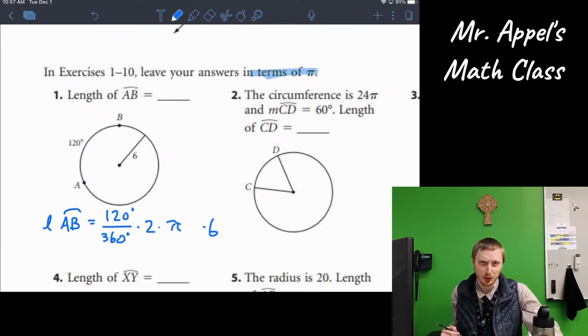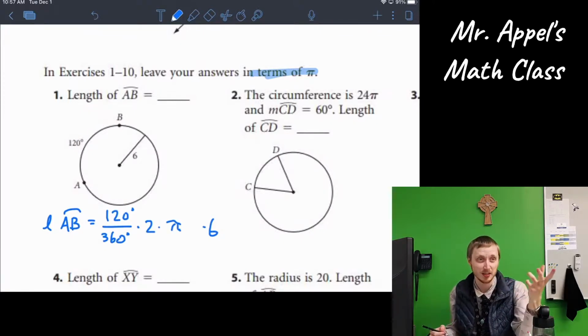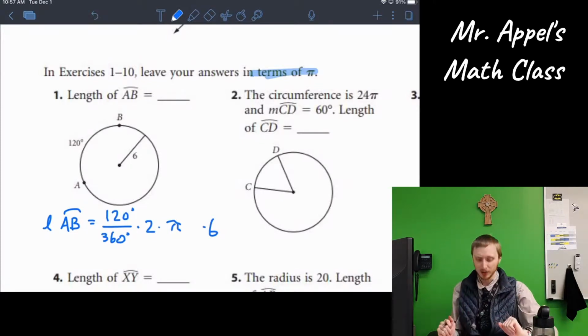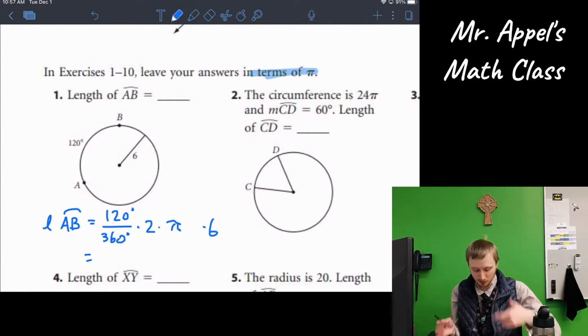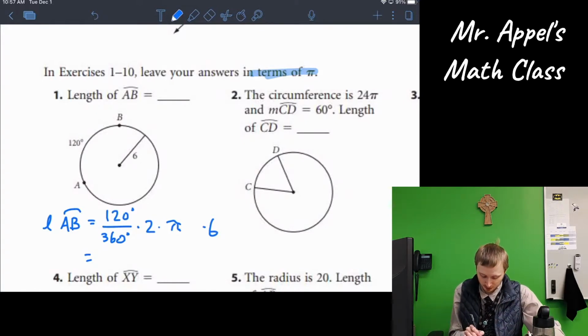What does that mean, leave it in terms of pi? Pretend pi is like an x. You're just reducing your expression there. Leave it as x. Multiply, divide, all the other numbers, and leave pi out in front. This will be equal to something, 4 pi, or whatever it is. 5 pi, 6 pi, I'm not sure how many pi's.